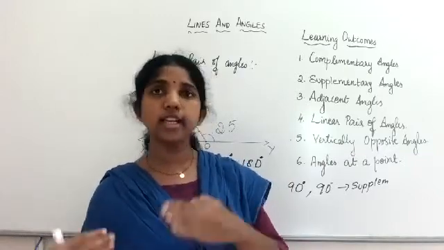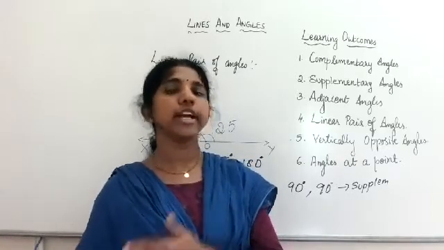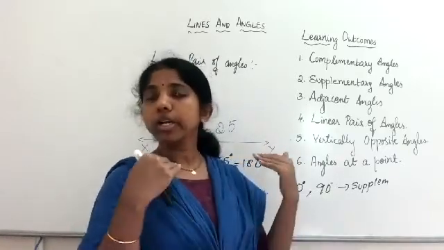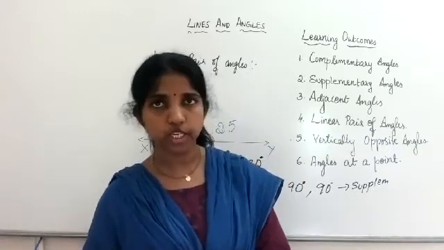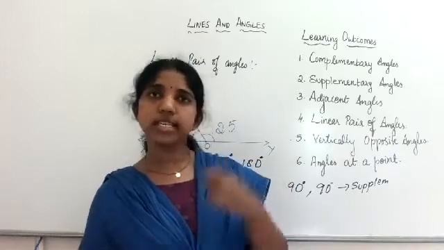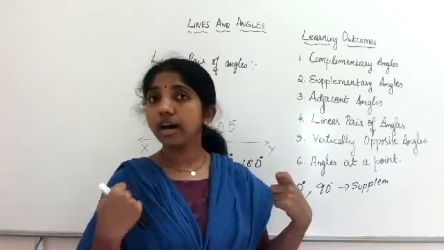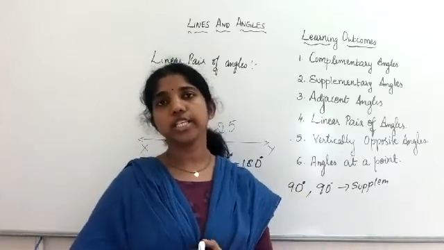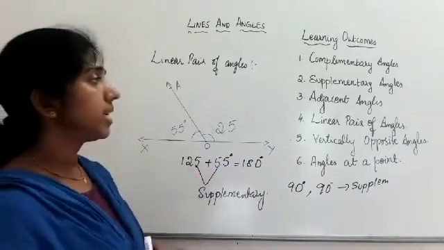Linear pair of angles are supplementary angles, but supplementary angles are not a linear pair because supplementary angles may not be adjacent to each other. If these two angles are adjacent and their sum adds up to 180 degree, then it is a linear pair of angles. So this is about the linear pair of angles.